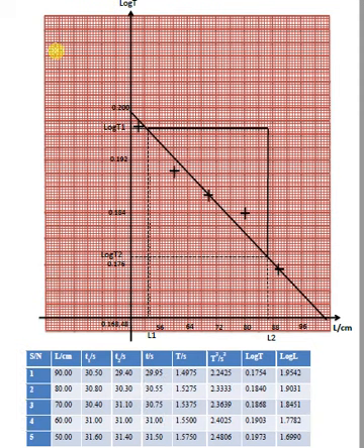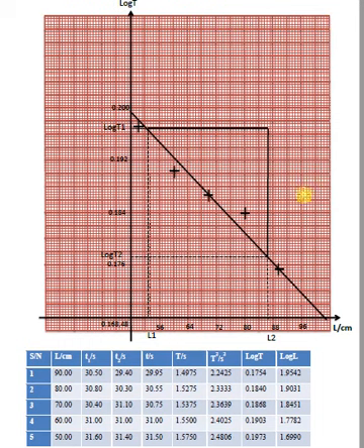To get the scale that will be on the horizontal axis, you get your N this way. 1, 2, 3, up to 20.